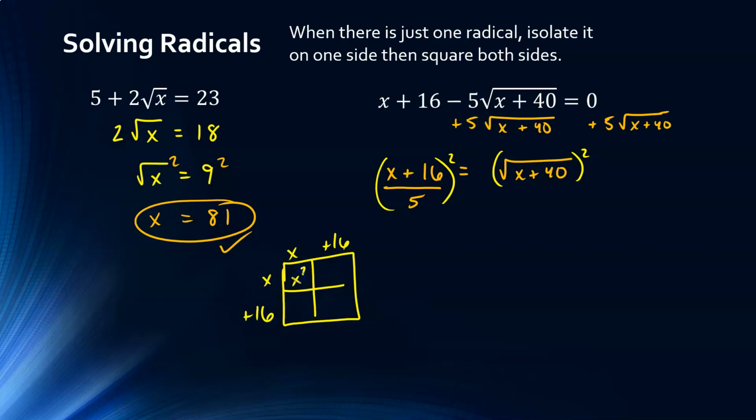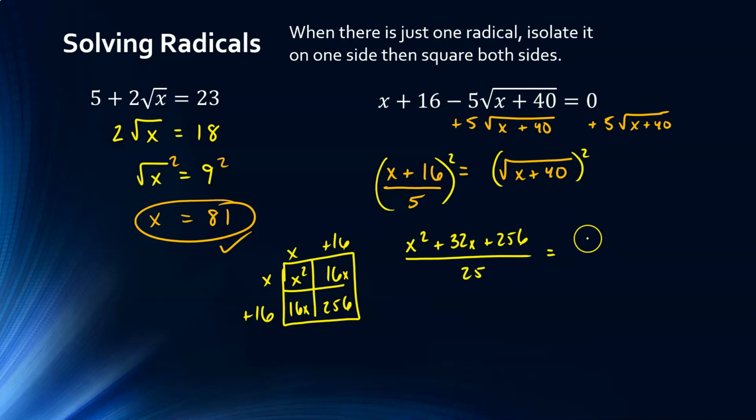So when I do that, we would have x squared. This would be 16x. This will be 16x. And 16 times 16 is 256. So what we have in the numerator would be x squared plus 32x plus 256, all divided by 25, because we would multiply 5 times 5 as well and get 25.